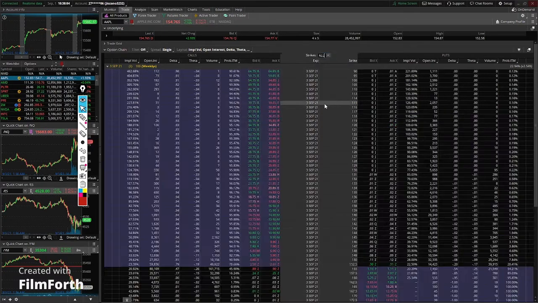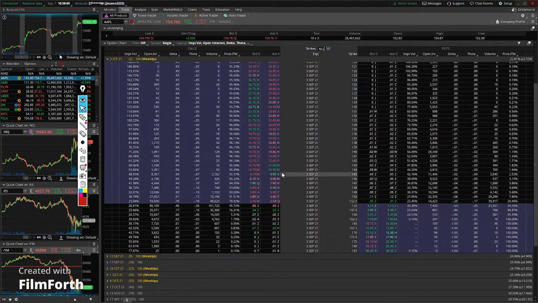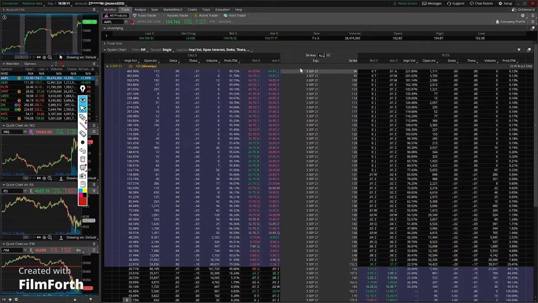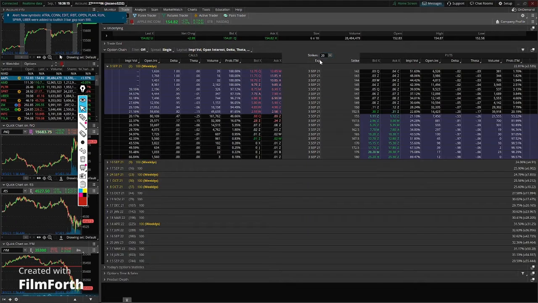If you put all, it's going to show you every single option that's available. I don't use the all tab, but everybody's different. I only want to see 20 options in either direction.